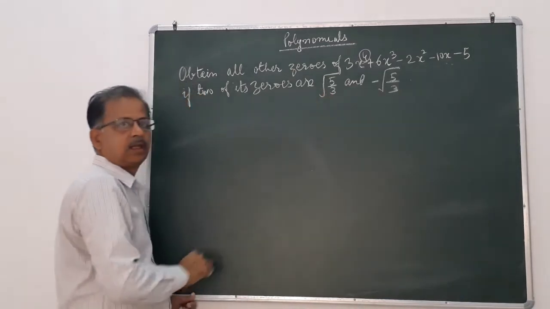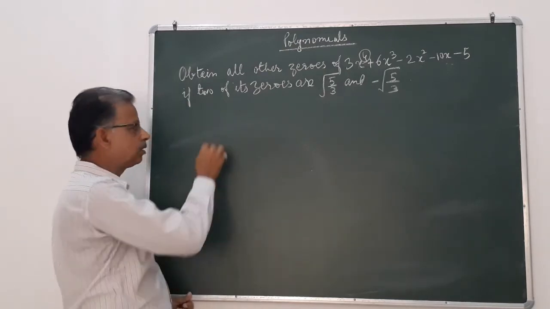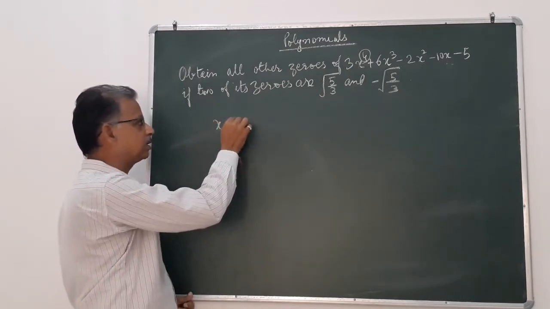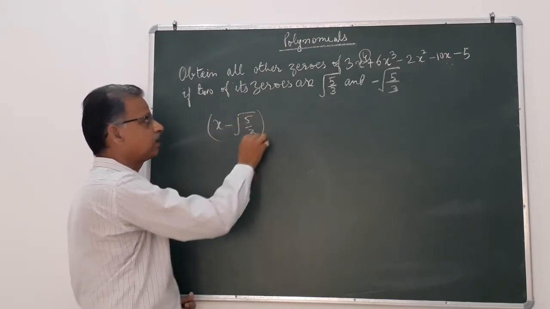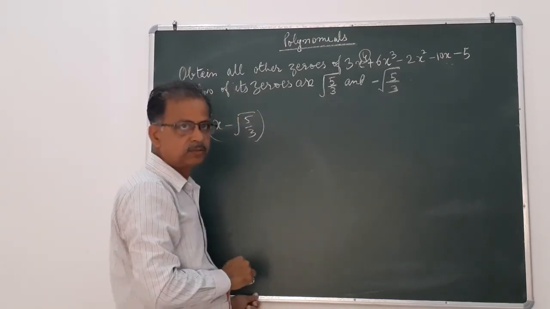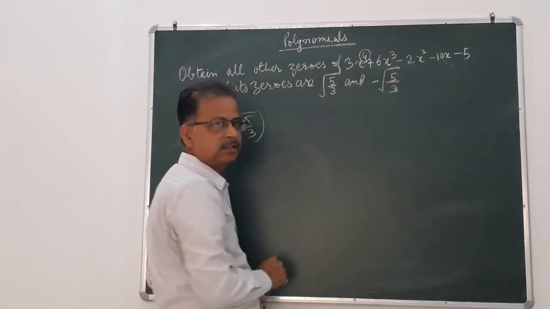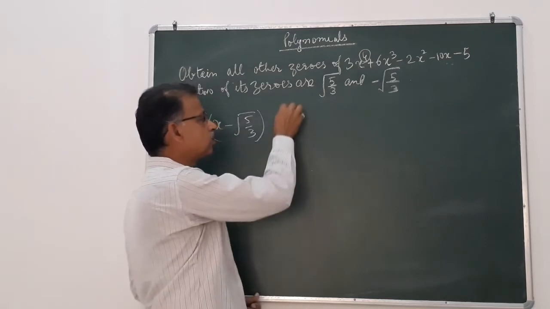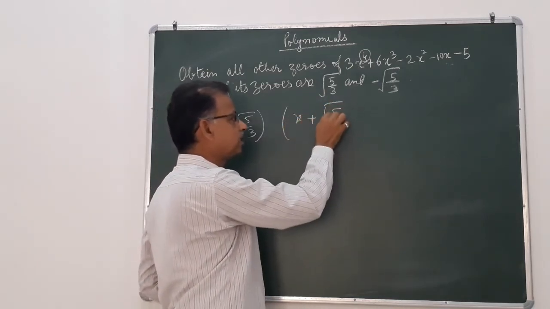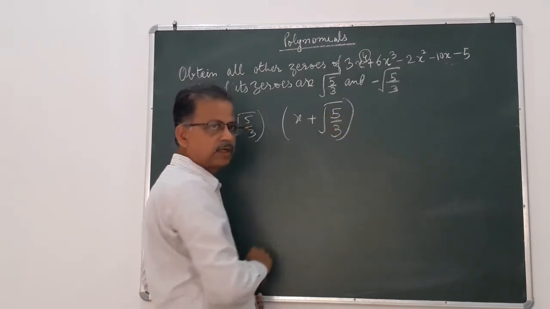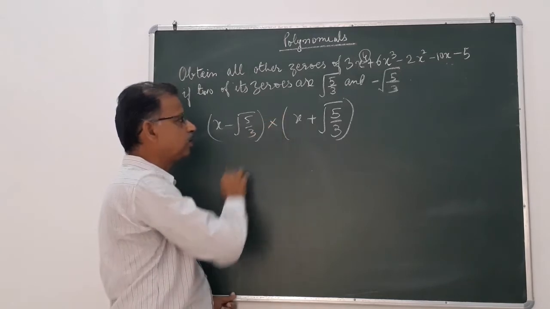Since root 5 by 3 is 0 of the given polynomial, it means x minus root 5 by 3 is a factor of the given polynomial. Similarly, minus root 5 by 3 is 0 of the polynomial. So x plus root 5 by 3 is a factor of the given polynomial. Now we find the product of these two polynomials.